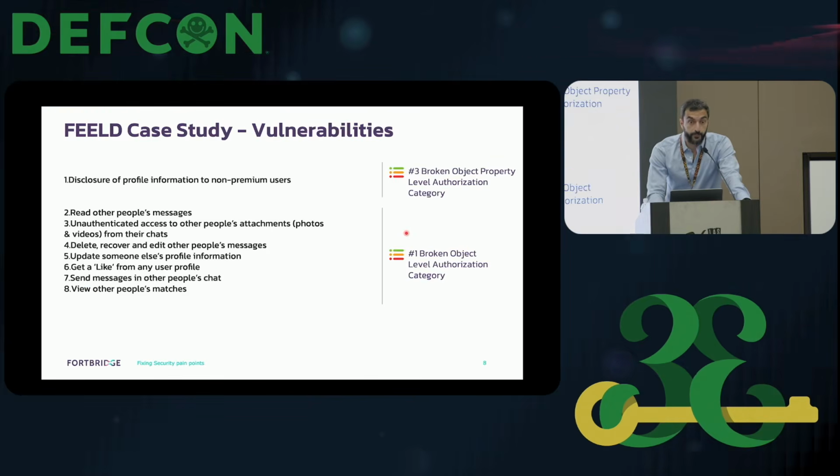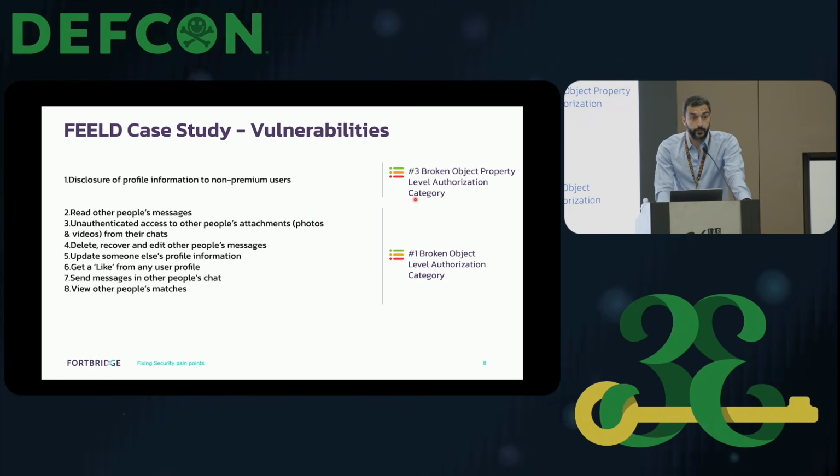Now, let's see what we will be talking about today regarding API security. I discovered 8 vulnerabilities in this dating app, all of them related to access control issues. We will be taking them one by one and discussing each of them. The first one is part of the Broken Object Property Level Authorization, and the other 7 are part of the BOLA category.